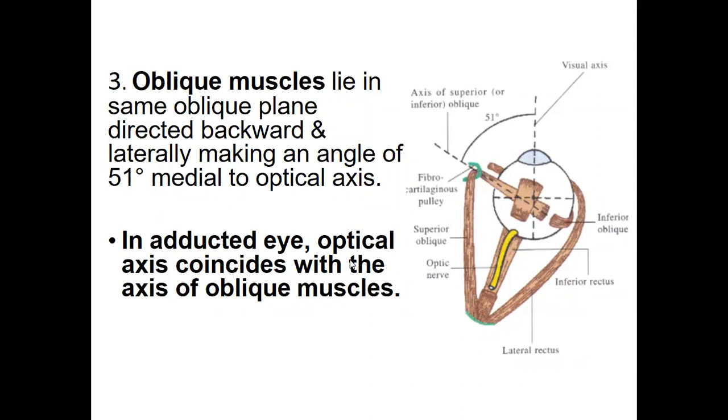Now movements of the eyeball. To know the movements of the eyeball, the center of the cornea or center of the pupil is used as the anatomic anterior pole of the eye.